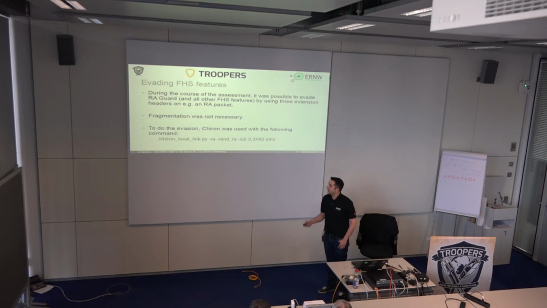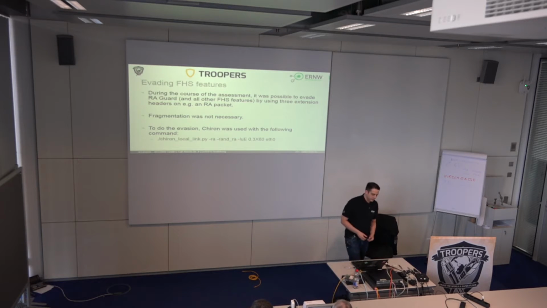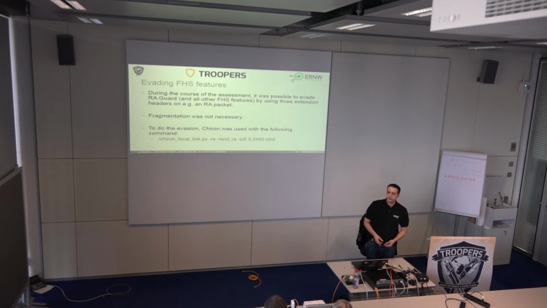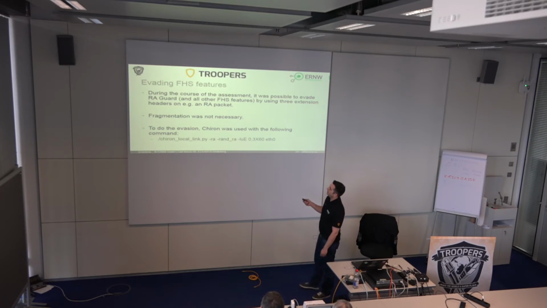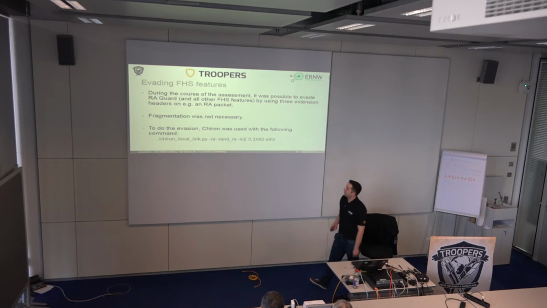To do the evasion, I used Chiron, where Rafael and Antonius will have a workshop tomorrow with some advanced attack techniques with extension headers. I used Chiron, this Python-based tool, where I just say, please Chiron, send a router advertisement, randomize the prefixes inside the router advertisements and put on some extension headers.